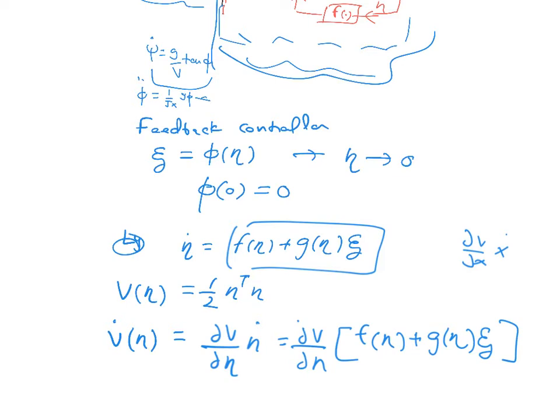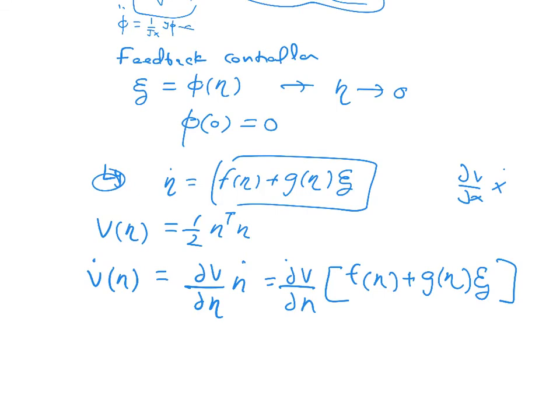So now what we want is for this to be negative definite, right? We want this to be negative. What do you have in the choice? This is the input, so I can choose it.